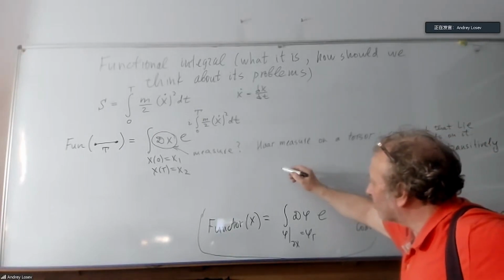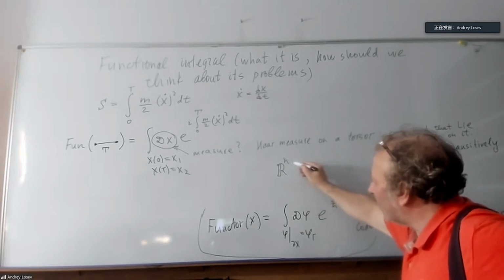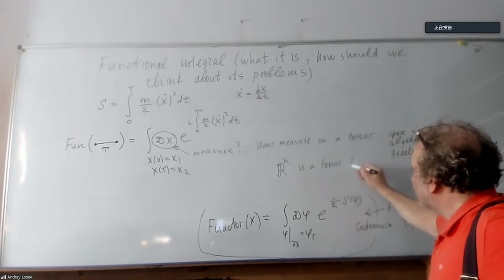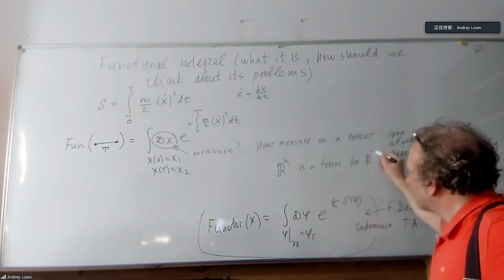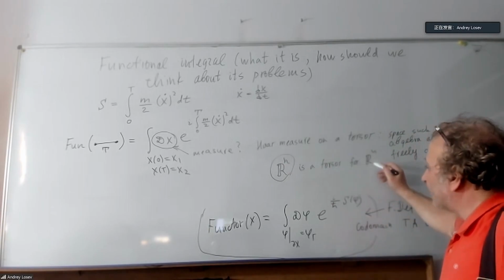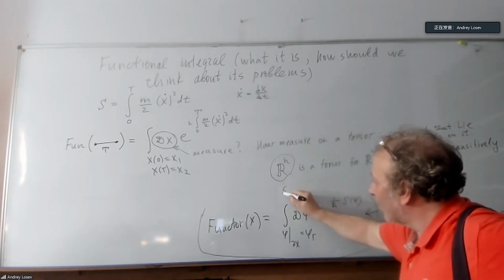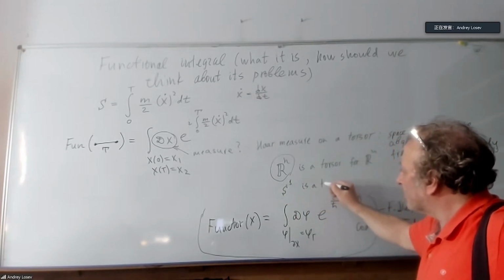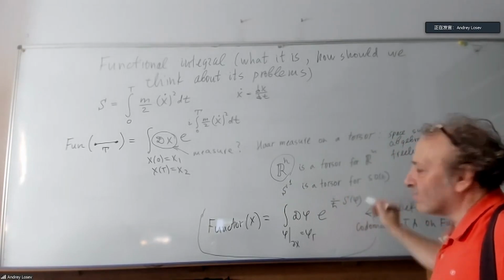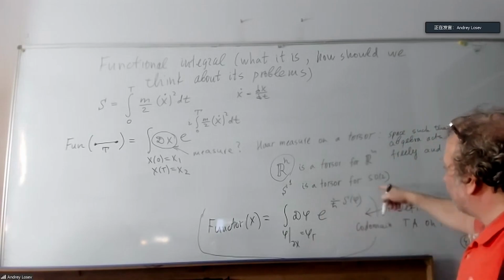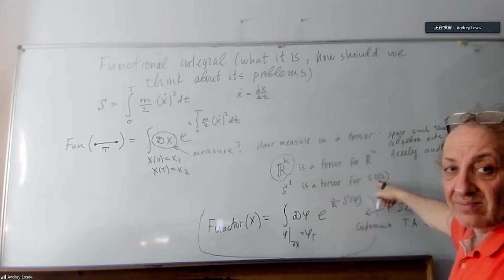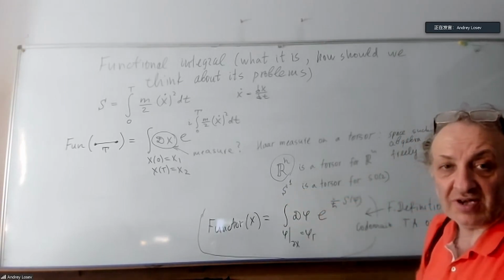An example of a torsor: Rn is a torsor for Rn. This is an n-dimensional plane, and this is an abelian group. Or S1 is a torsor for SO2. The difference is that in SO2 you have a distinguished element called 1, and here you do not have a distinguished element.